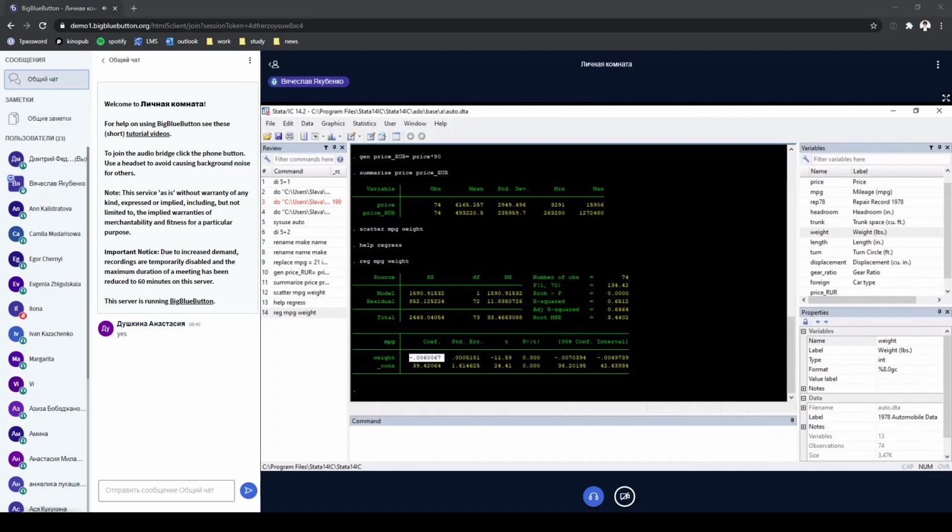Sometimes we are more, sometimes we are less confident. And here we have a set of additional indicators, and all of them are kind of important.